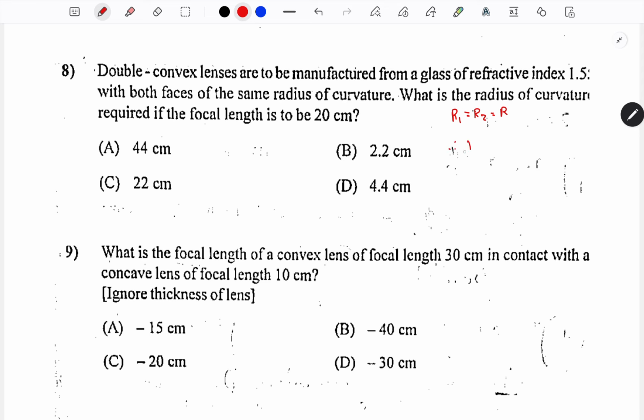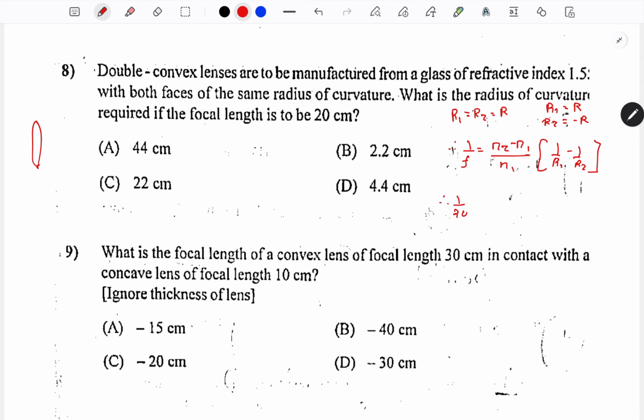So again the same formula, 1 divided by F is equal to (n2 minus n1) divided by n1 into (1 upon R1 minus 1 upon R2). But here we know that R1 is equal to R and R2 is equal to minus R. Why? Because the two surfaces are in opposite directions, so one is positive.